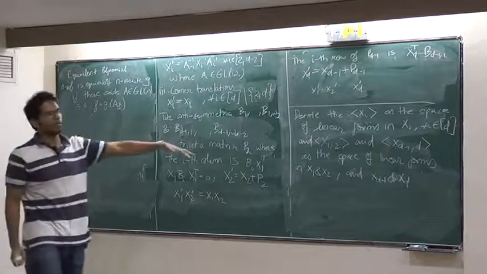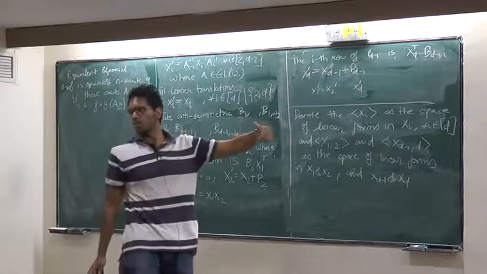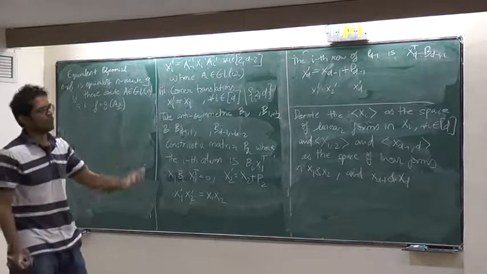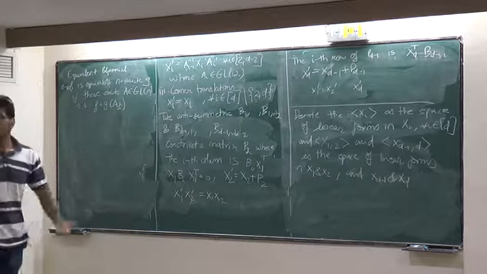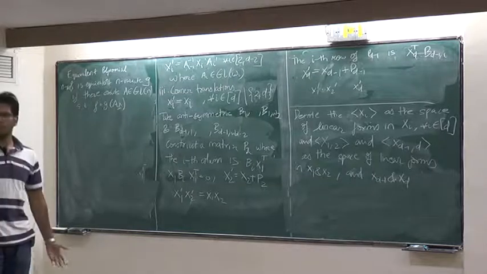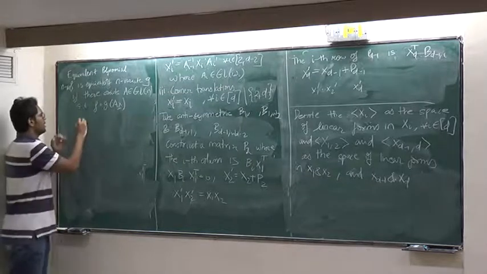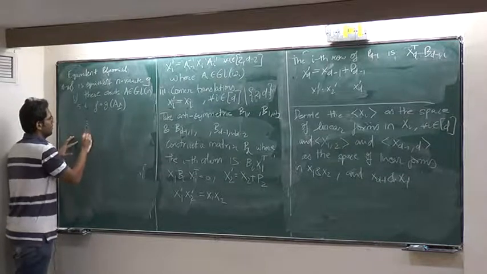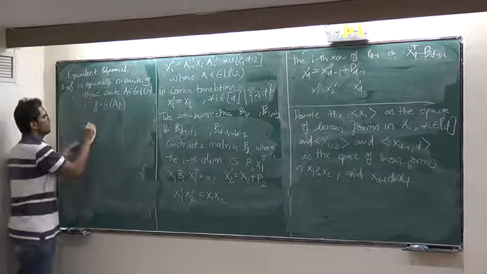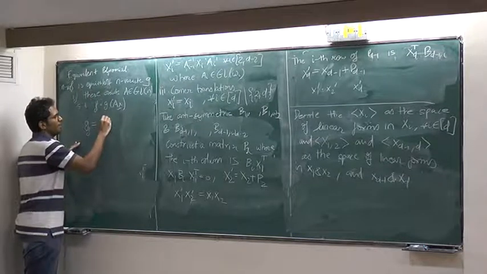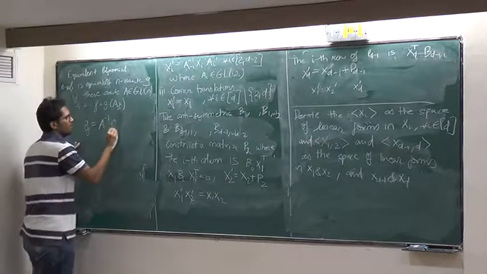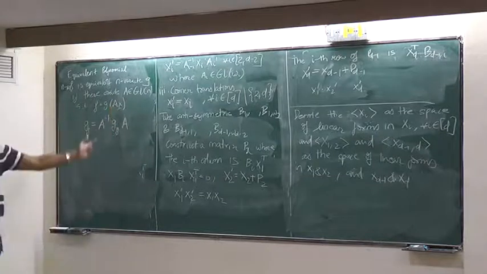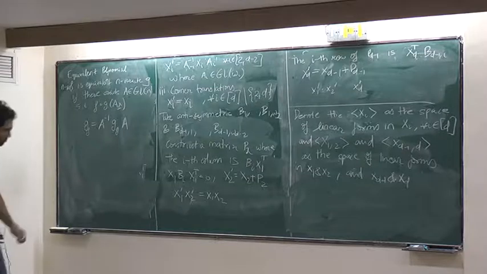We know that if f is computable by a full rank ABP, then f is equivalent to IMM. If you study the Lie algebra of IMM, you understand the Lie algebra of an equivalent polynomial, because the Lie algebras of equivalent polynomials are related. If f is equivalent to g, g_f is A inverse g_g A, where A is the matrix that makes it equivalent.